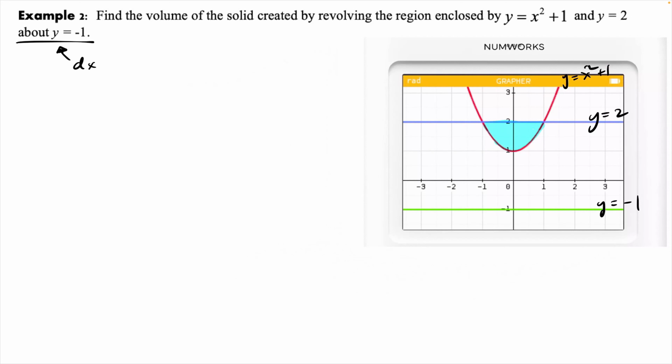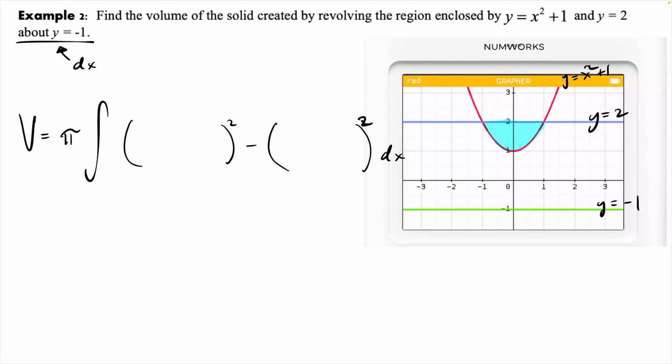Okay. All right, so let's set up. So one more time, big R. Big R starts on the axis of revolution.